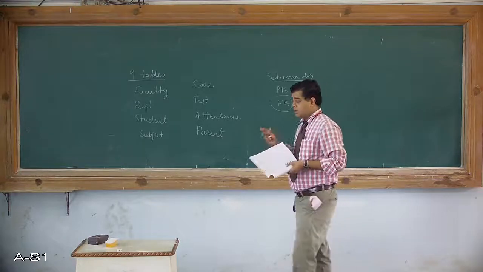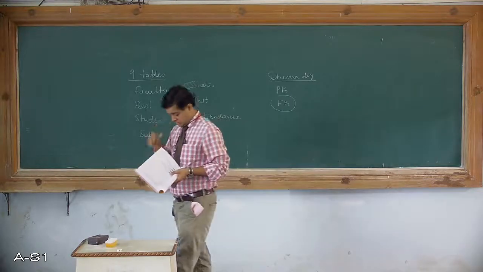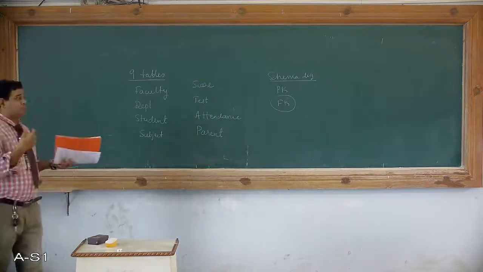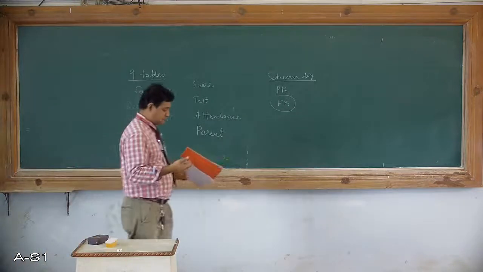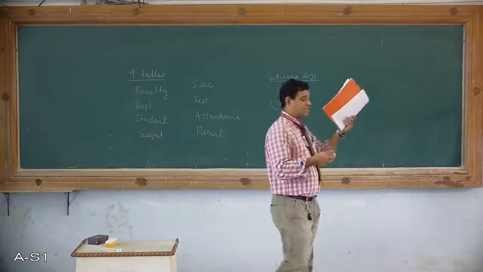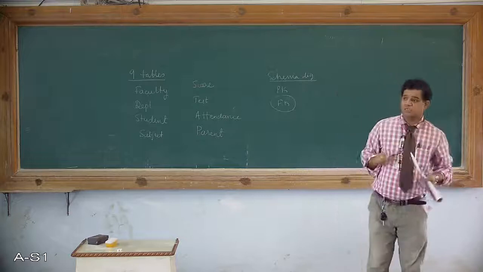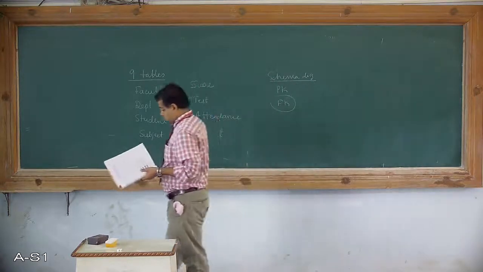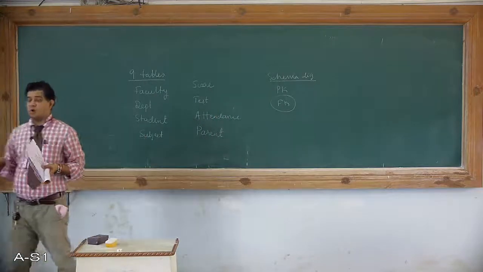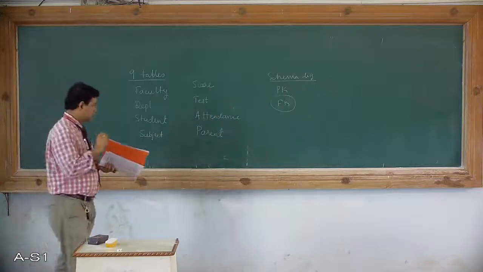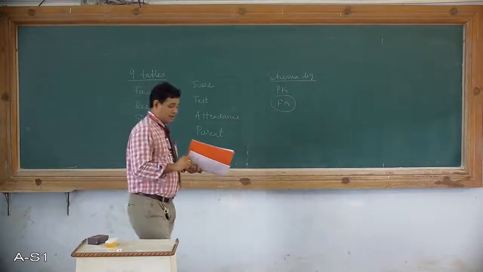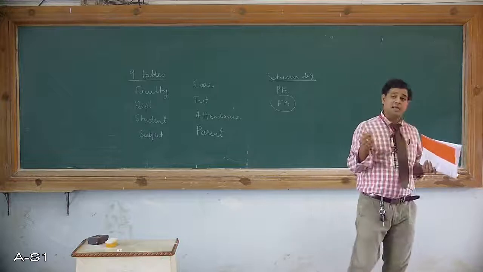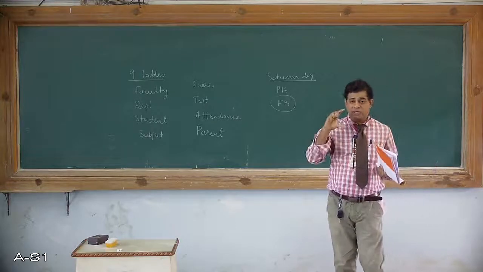Whatever the problem definitions are given, you need to explore them. The problem definitions are given in the explanation. In this explanation you need to find out which are the entities and what are the attributes with respect to those entities, and how these entities are related with respect to that mini world.